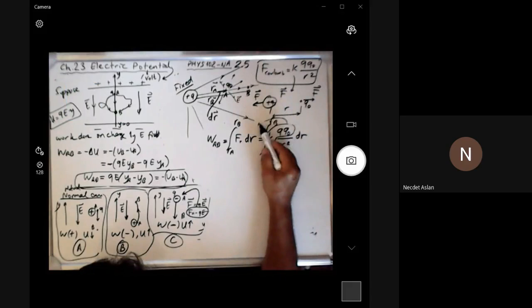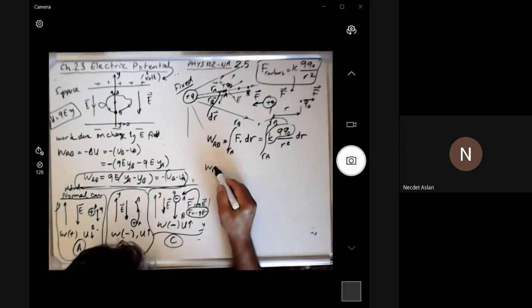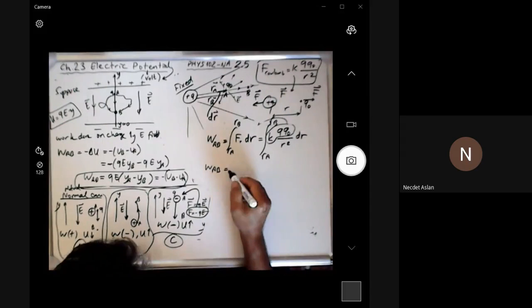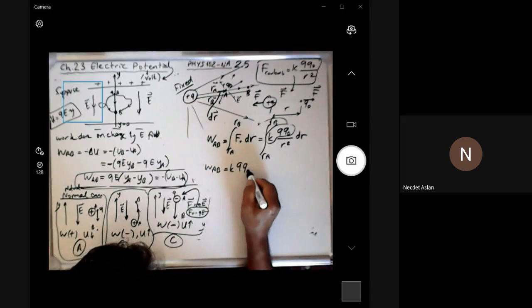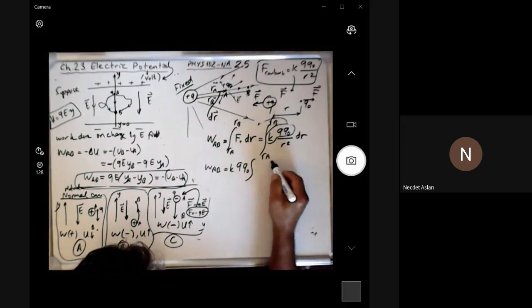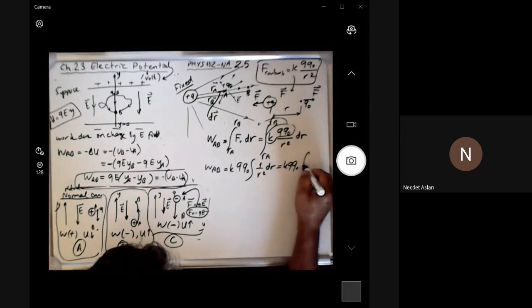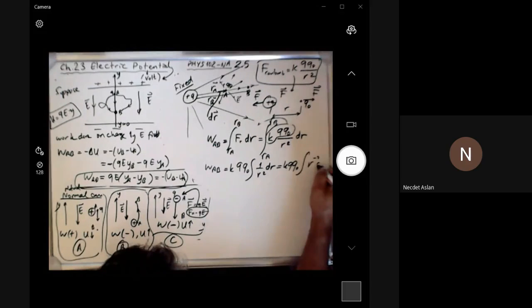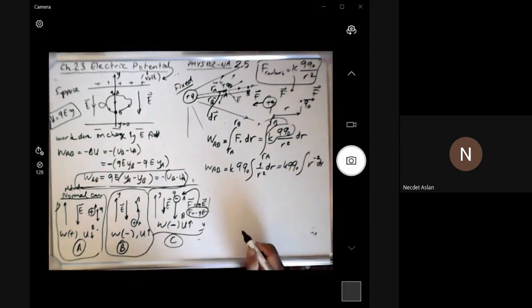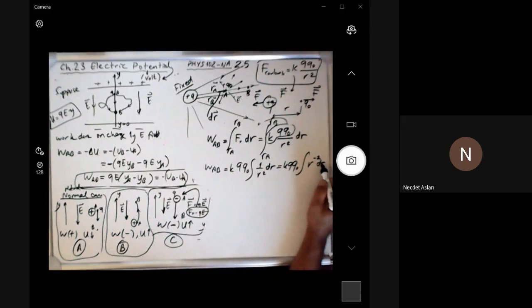You can take them outside, and then WAB is written as K Q Q0 times the integral of 1 over R squared dr. But this can be written as K Q Q0 times R to the minus 2 dr, so the exponent on R is 2 with a minus sign.